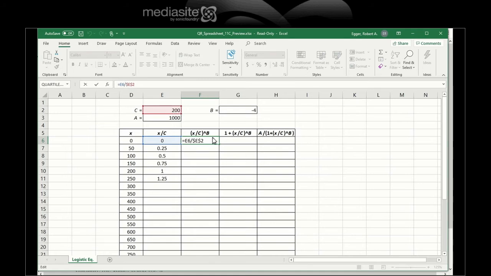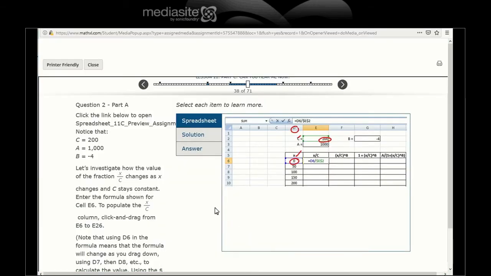Still got C. I go down. These cells move, but it always stays the C. Remember, I go up or down, left or right. So these dollar signs act as anchors. Got ahead of myself.